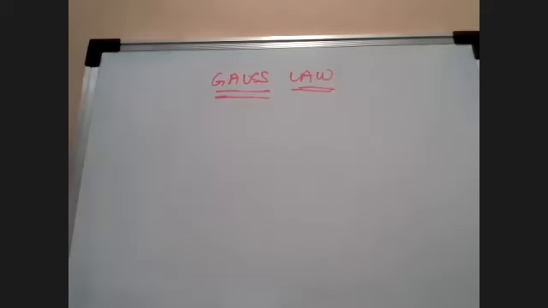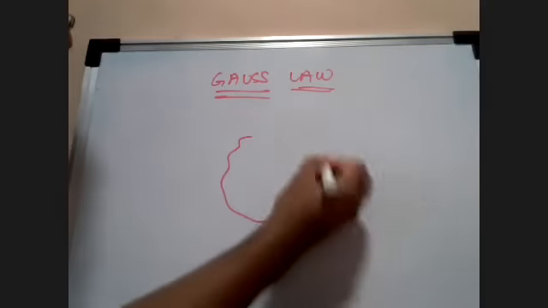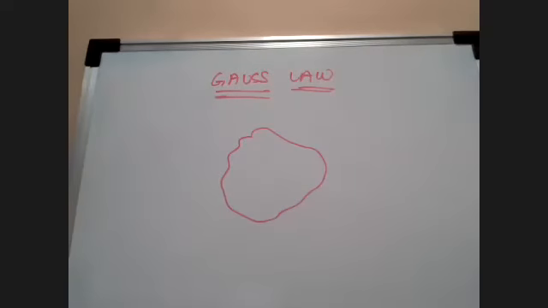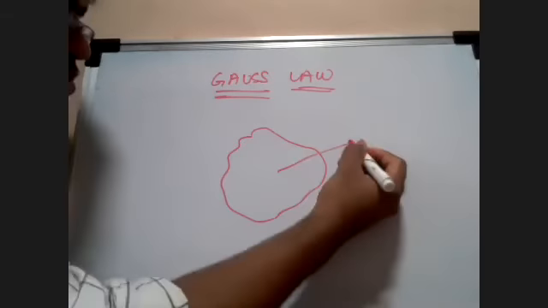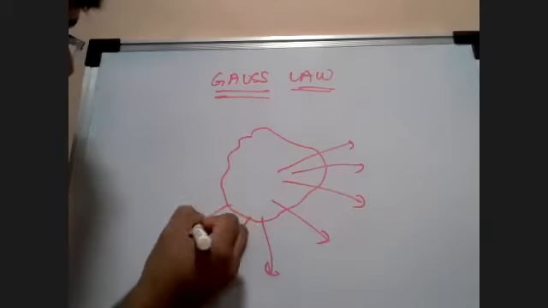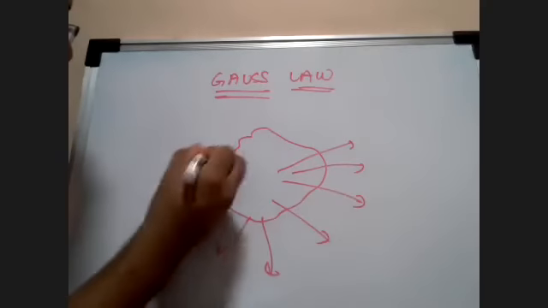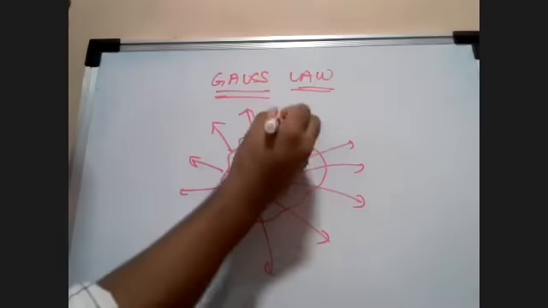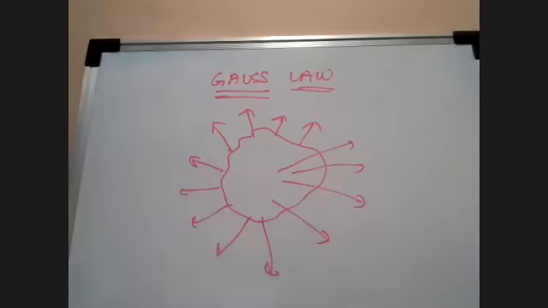Now, if you look at what Gauss is telling, Gauss has a simple definition. He says that the total flux that emerges out from a closed surface, considering that this is a closed surface, always remember, is equal to 1 by epsilon naught times the total charge enclosed by that surface.